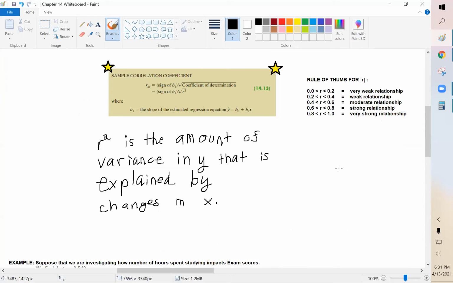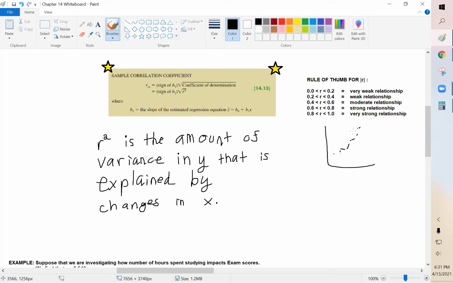They say sample correlation coefficient. We'll just go with correlation coefficient R. It says R_XY. You can just write down R. It's the square root of our coefficient of determination, our R squared. But now you need the sign of B1. You might say, why can't we leave it positive? Let's suppose we have two sets of data points.